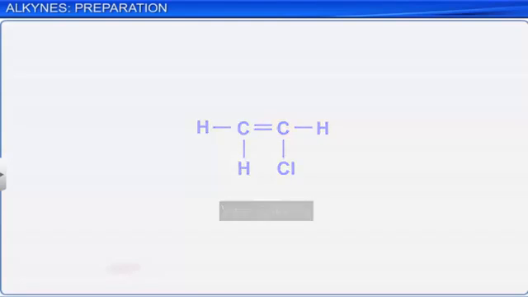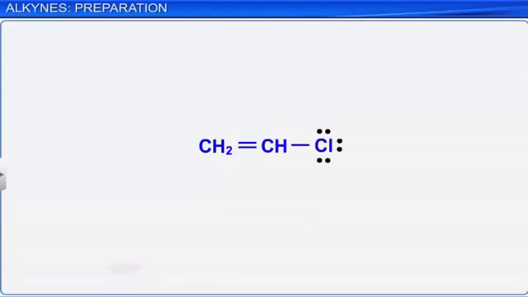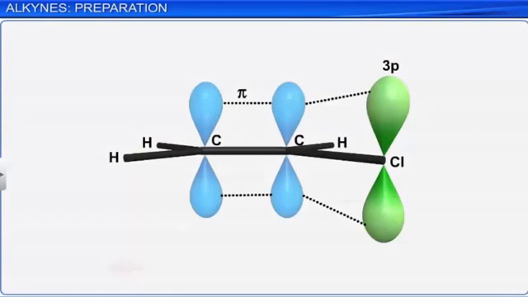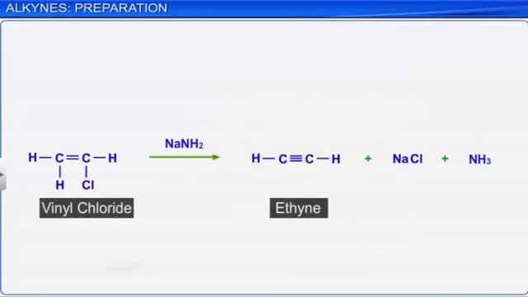In other words, as the non-bonding electrons of chlorine and the pi electrons of carbon-carbon double bond are in conjugation, the carbon-halogen bond acquires a partial double bond character and the removal of it becomes difficult. Hence, a strong base, such as sodamide, is required for the removal of hydrogen chloride from vinyl chloride to form ethine.